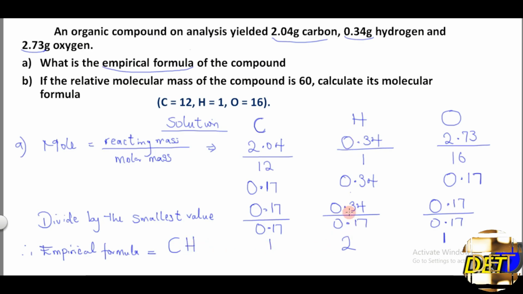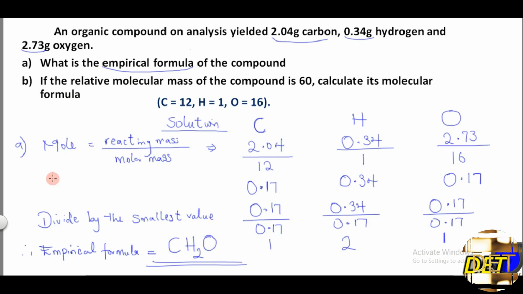H2 tells us that the number of hydrogen here is 2. H2, O1, and 1 times O is still O. So this is the empirical formula of this compound. This is the formula that shows the simplest whole number ratio of each of the elements in this compound.